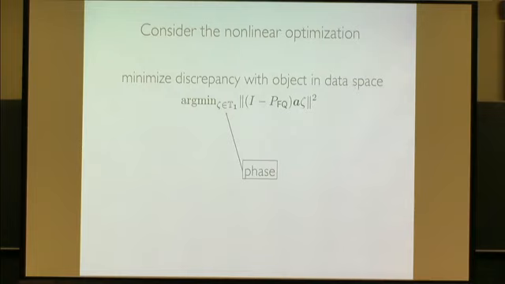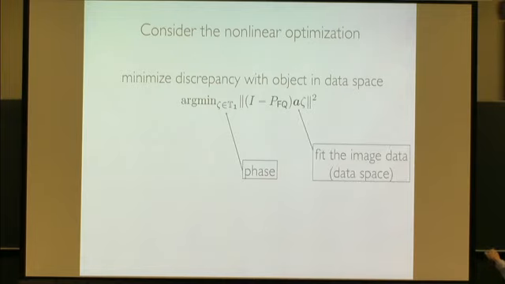Inspired by the people in the optimization field, we consider the following nonlinear optimization problem. We combine both facts in the alternating projection algorithms in one functional. We consider this minimization problem. Zeta is actually the phase. It is a vector so that every entry is of norm 1, and it contains the phase.